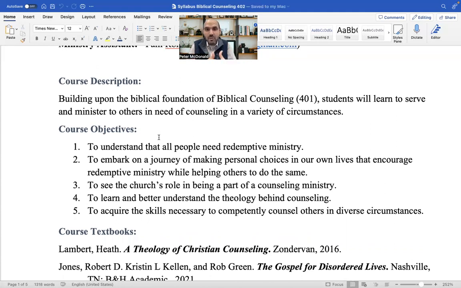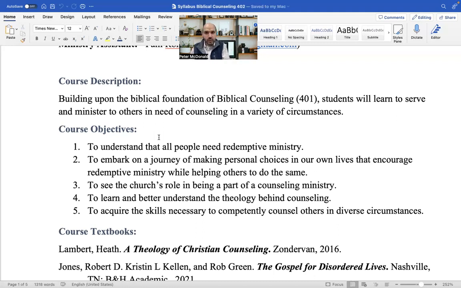We talked about the Word of God. We talked about having a biblical counseling purpose statement, and we talked about having a code of ethics in 401. So basically what we're doing is building upon that foundation that was laid in 401.